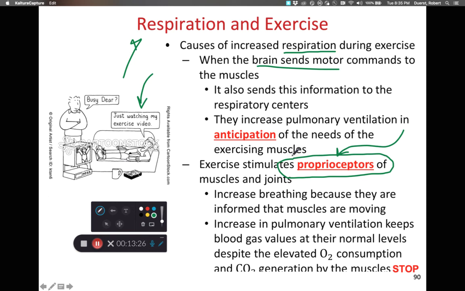So increased breathing happens when muscles move, even if you're not voluntarily moving those muscles. And that increase in pulmonary ventilation is going to help us to keep our blood gas values at their homeostatic levels in anticipation of elevated O2 consumption and elevated CO2 generation by those muscles.